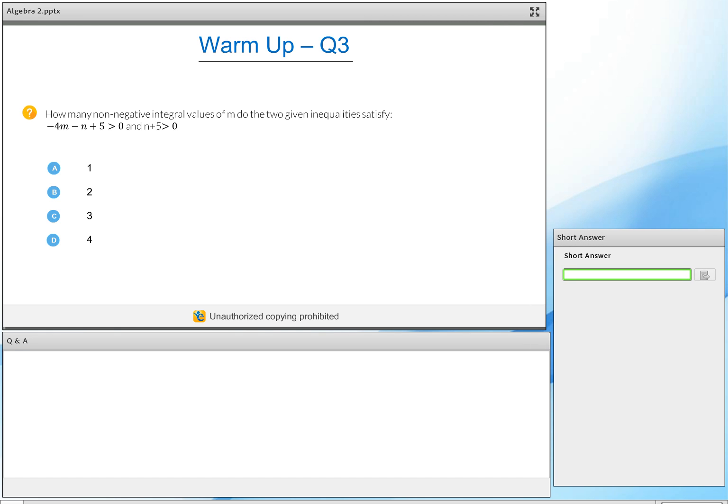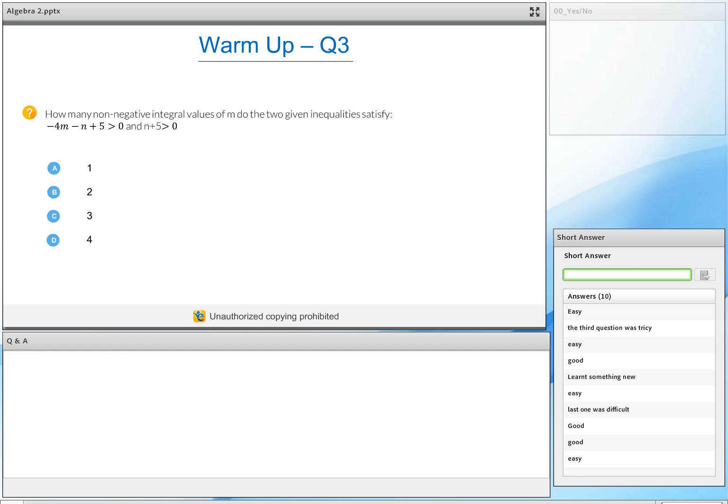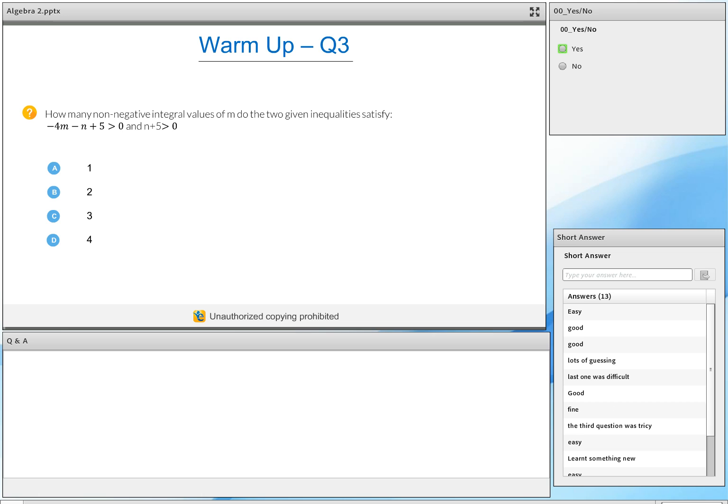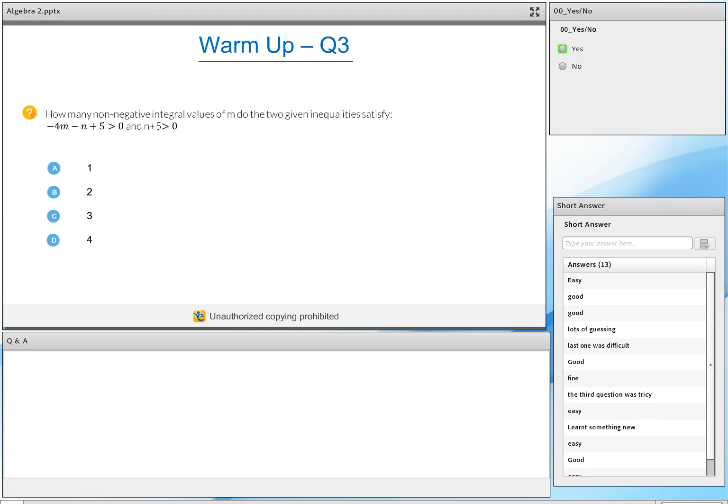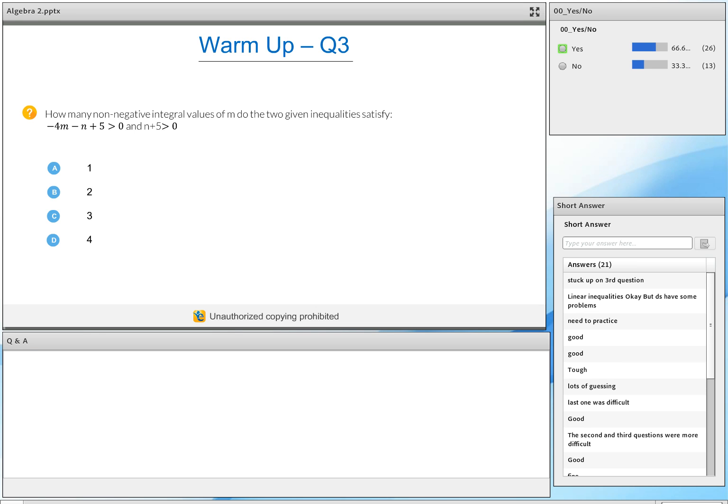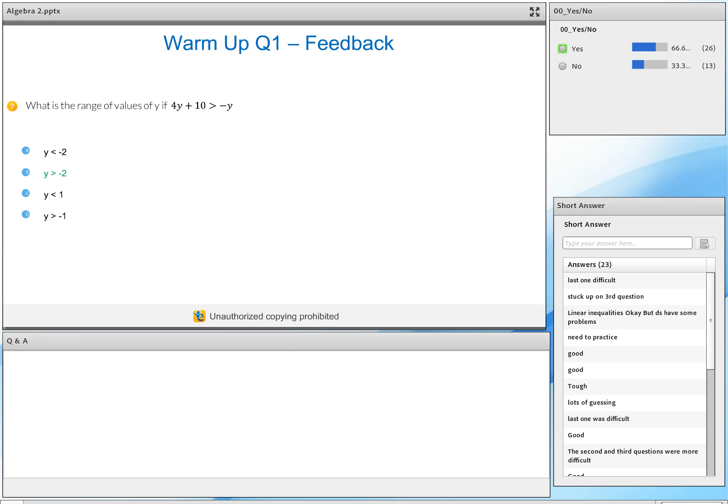How many of you felt that you have a good understanding of concepts in algebra after solving them? You know that feeling that, yeah, I know algebra, I can do well. Granted, these are easy questions. So it's about a 60, 70, 30 split. The second and third questions were more difficult. Yes, they were absolutely.